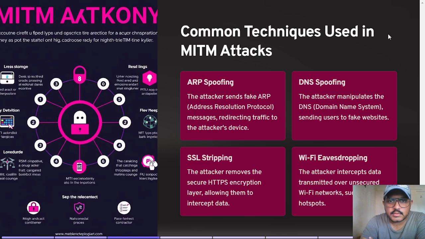In ARP spoofing, the attacker sends fake Address Resolution Protocol messages, redirecting the traffic to the attacker's device. And in DNS spoofing, the attacker manipulates the DNS by sending the user to a fake website.